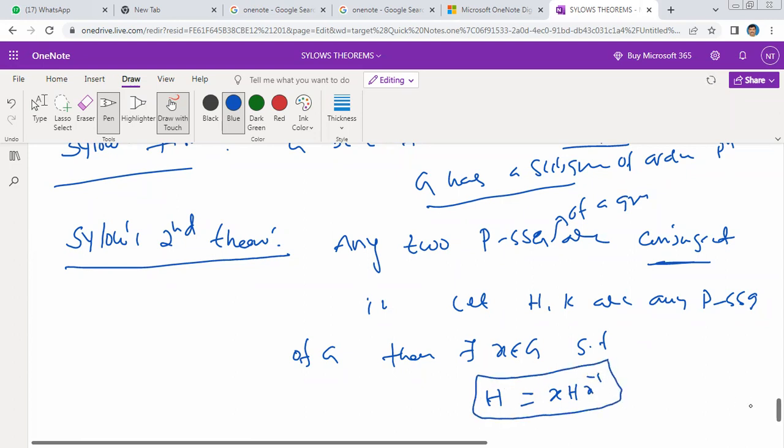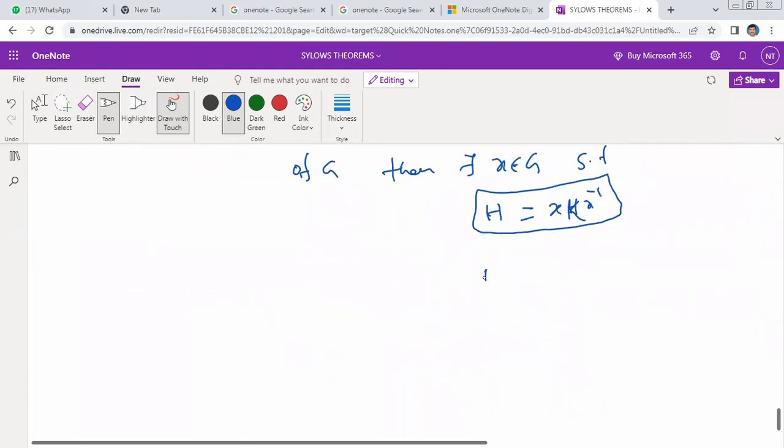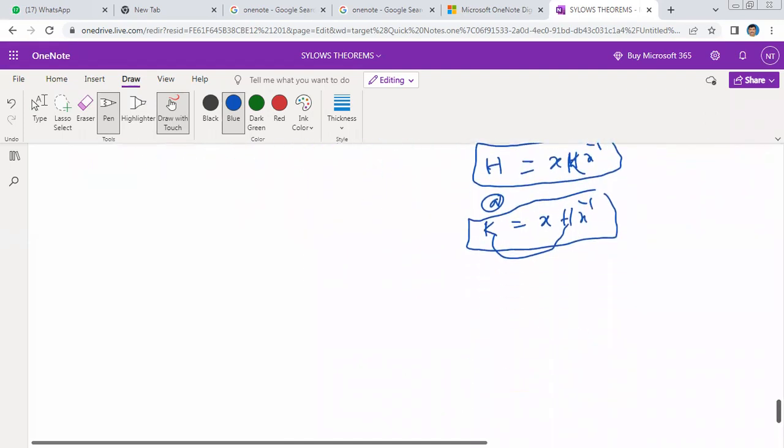It is also written as K equal to x H x inverse, or x inverse H x; no problem, because we say that these two subgroups are conjugate. So any two P-Sylow subgroups of a group G are always conjugate. This is the last statement of the previous class. Now I'm giving some examples for this.